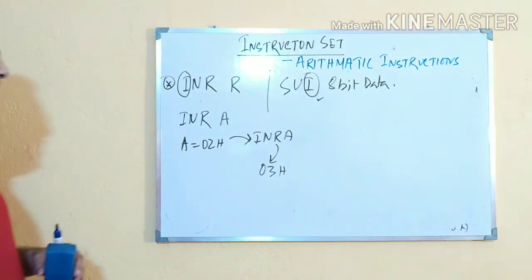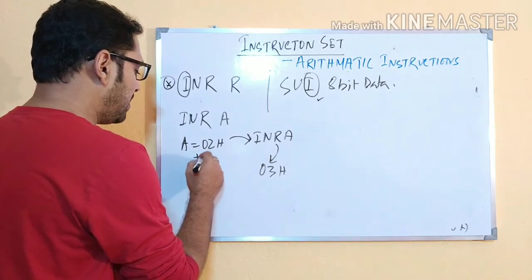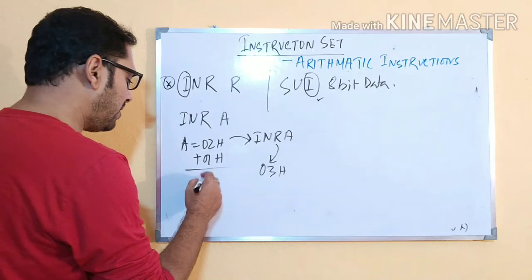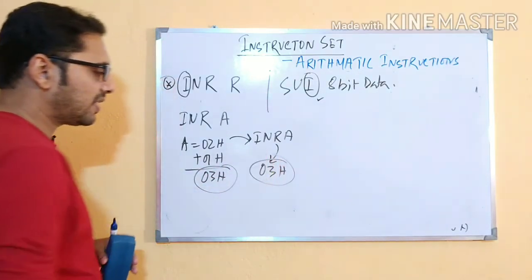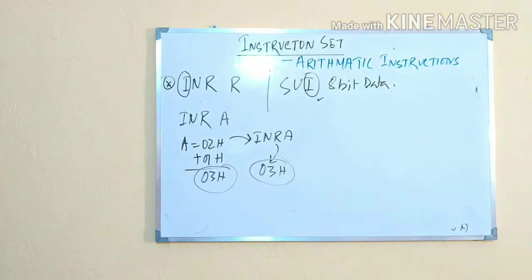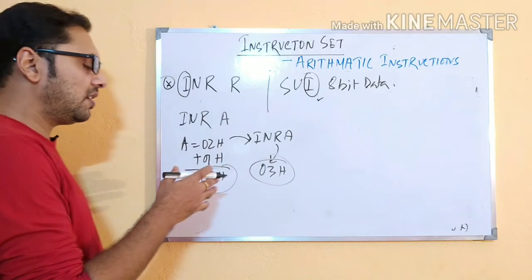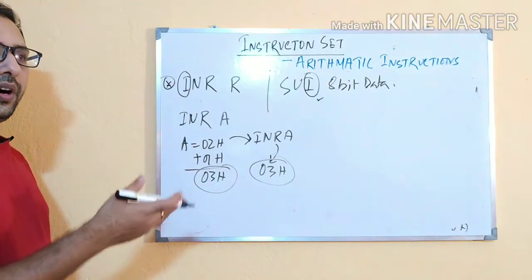So you might be thinking that incrementing a register means the previous value will be added with 01 hex. In this case also I will get the value 03 hex, but are these the same? The result might be appearing same here, but both the operations are not the same. Increment does not mean we are talking about adding the value with 1.